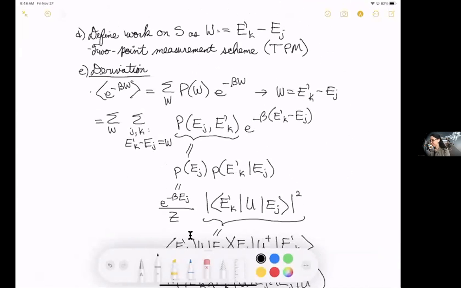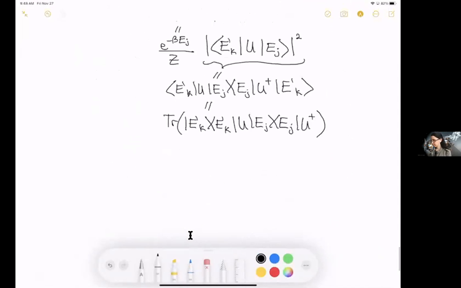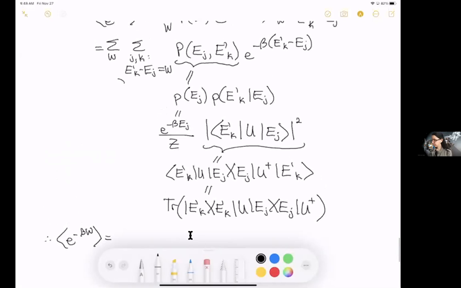Sorry about that. So let's substitute what we've just written below into our upper equation. The left-hand side of Jarzynski's equality equals, we can take these two sums and combine them into just a sum over j and k.